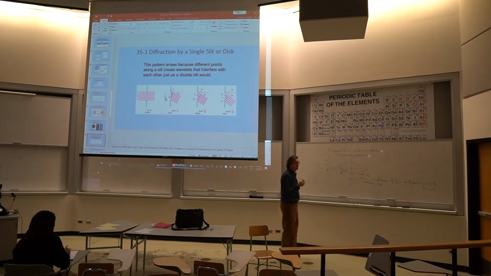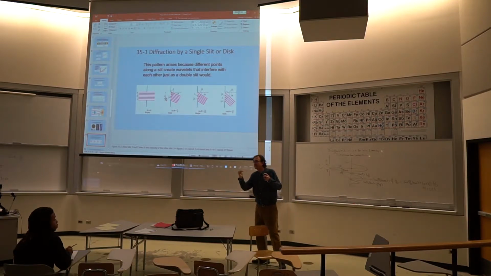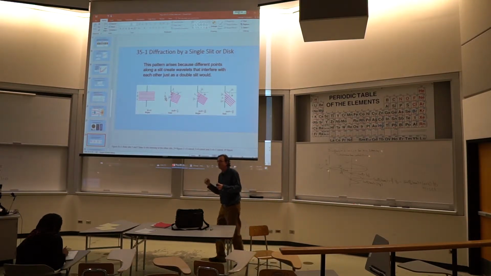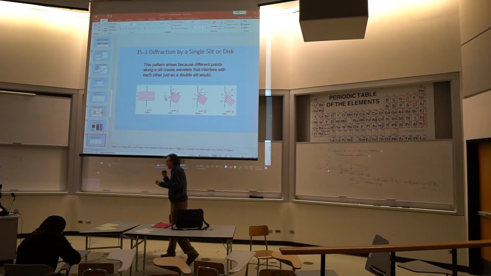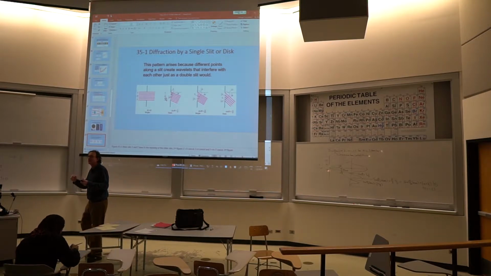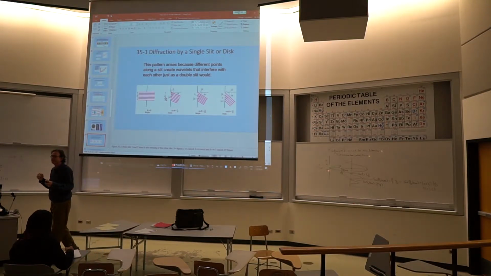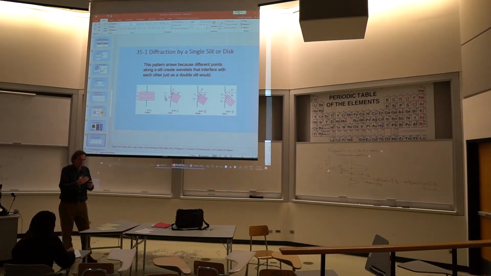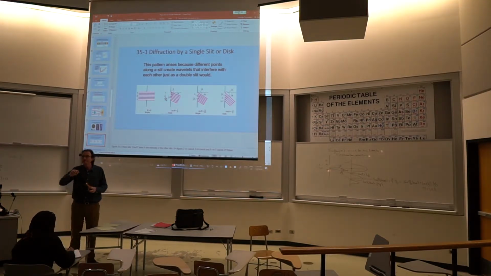An easy way to remember this is that the maxima of the double slit are the locations of the minima of the single slit, and the minima of the double slit are the locations of the maxima of the single slit. So they're reversed. That's just an easier way of writing it. I don't need to write it out. If you know how it works for double slit, then you reverse it to get where the maximum and minimum are for the single slit. Okay. Is that clear?